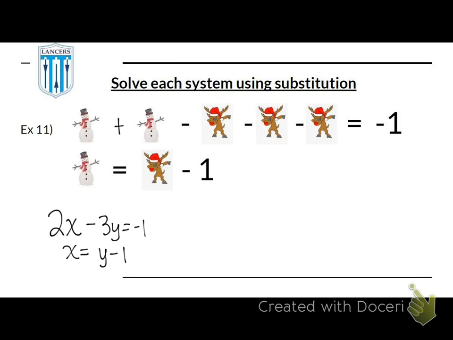So then we would be able to take, well, this is a little bit different than what we've been doing, but you will see this on your homework, so it's a good thing we brought it up. Which one of these is solved for a variable? The x is alone. It's in the bottom equation. That's fine.